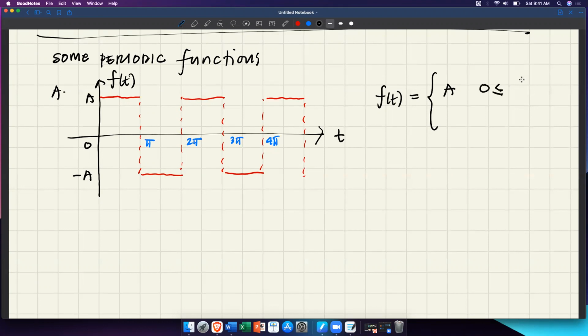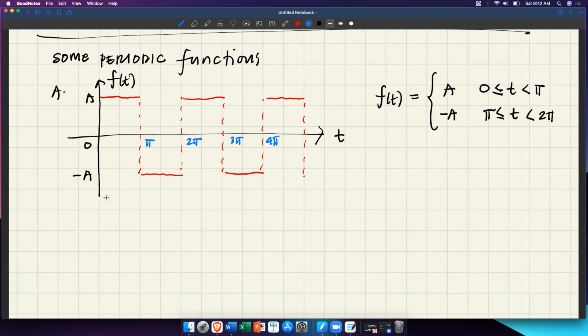Between 0 and pi, the value is positive a, and it becomes negative a between pi and 2 pi. So this is how you represent the first period of the function.